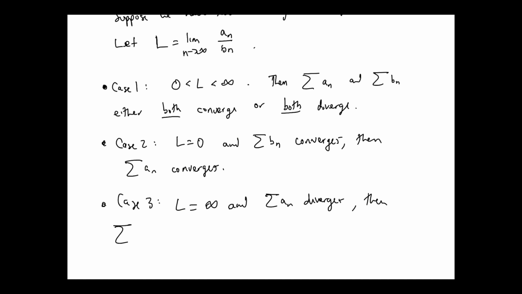It's saying that the limit of the ratio is a constant. They're not the same thing. I may not be understanding your question correctly. Oh, yeah. This should be B sub n, sorry.